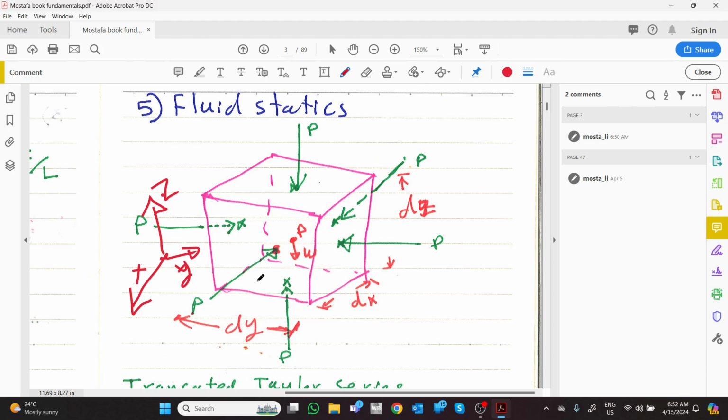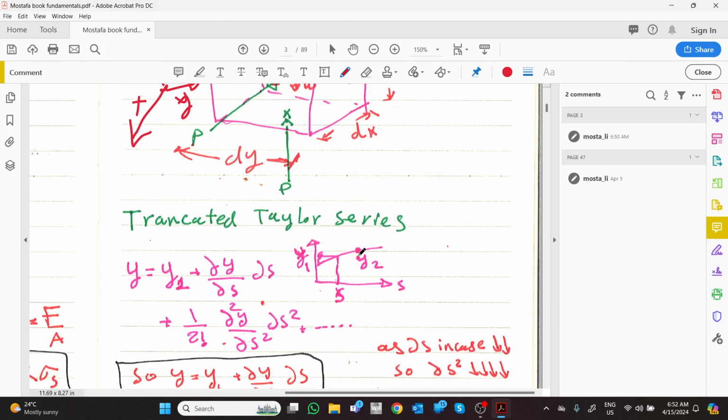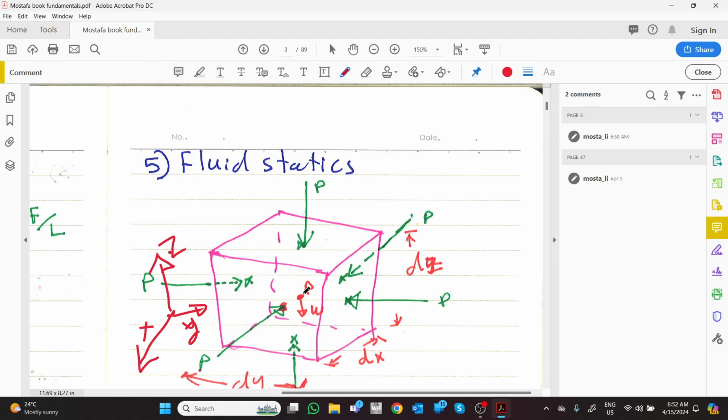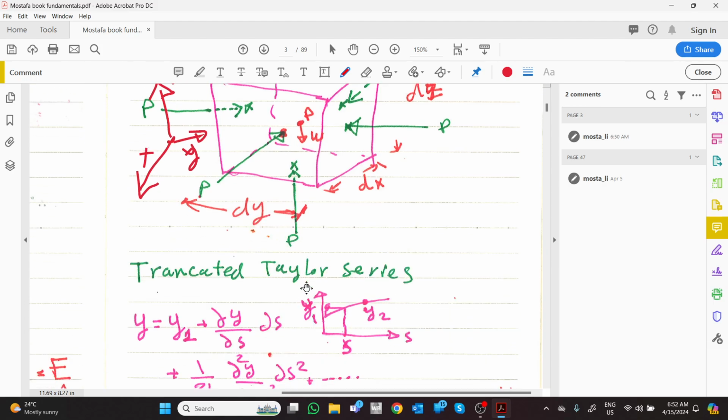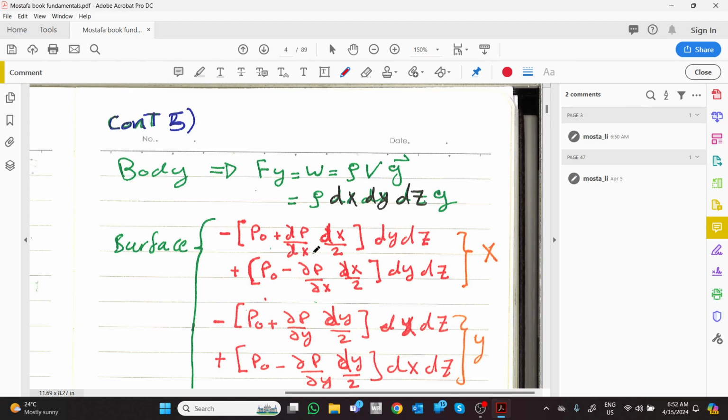So what we need is this one. Again, what we need is y2. So what we need is inside. From where are we referring to it? From here. So for what we need here, we are referring to this one. We are going in the x direction, with the increasing of x. Very simple.